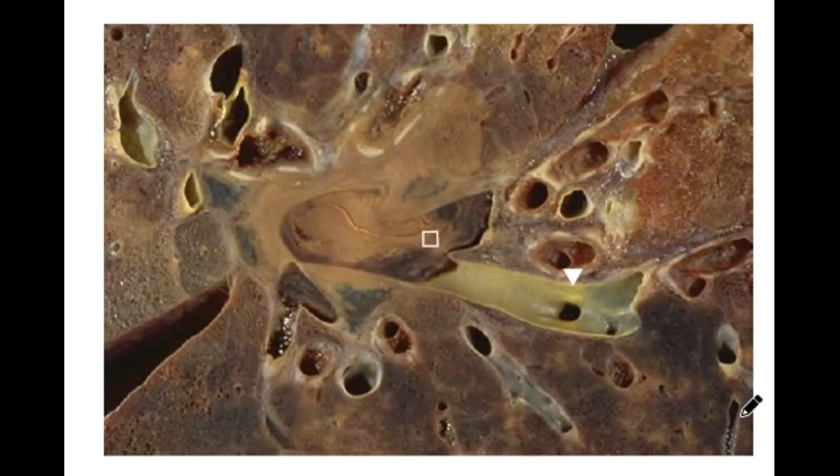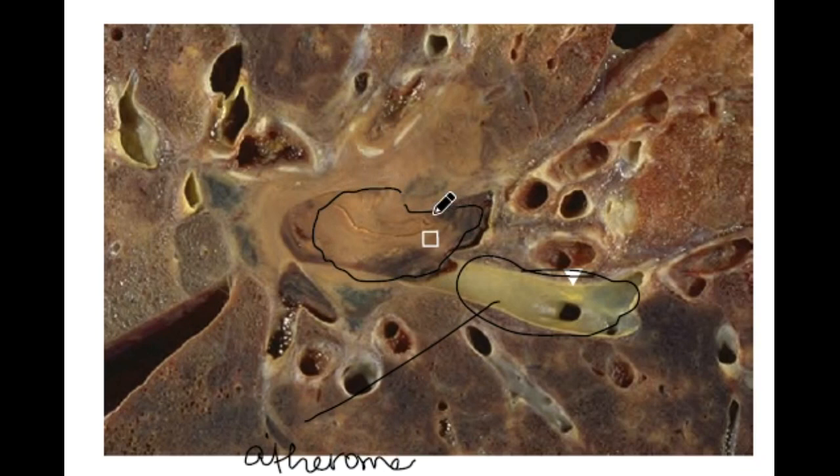Then this is a picture, and in this picture here you can see the ethyroma. Here you are seeing the ethyroma. Okay, and here also you will see the thrombus. This is actually a picture of invasive aspergillosis.